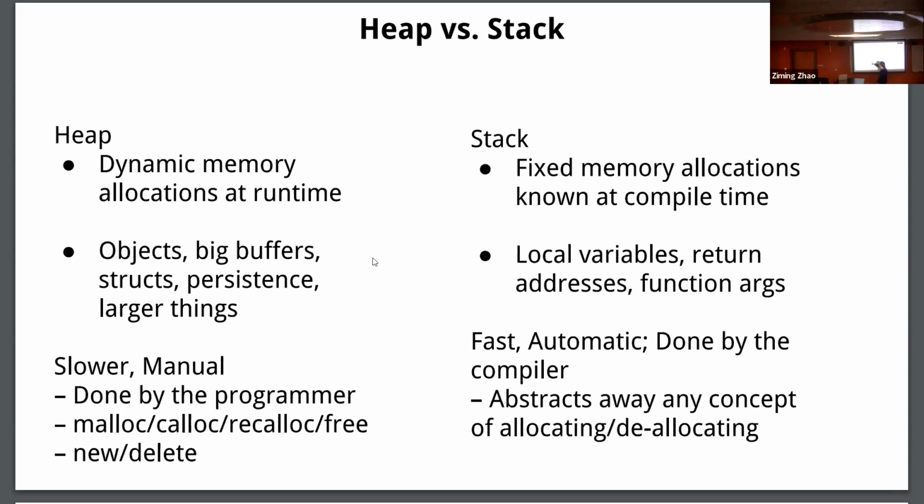Heap is dynamic memory allocation at runtime. Usually we use it to allocate persistent objects, persistent buffers, sometimes also bigger objects that the stack is not easy to handle. Compared to stack, it's slower, but it doesn't necessarily go to the kernel. It's slower because you are calling the function malloc to get the memory, right?